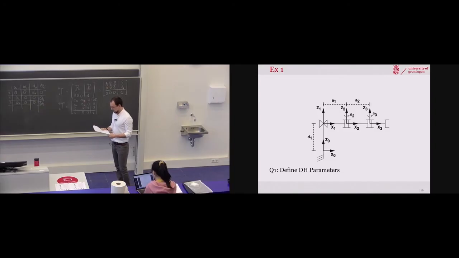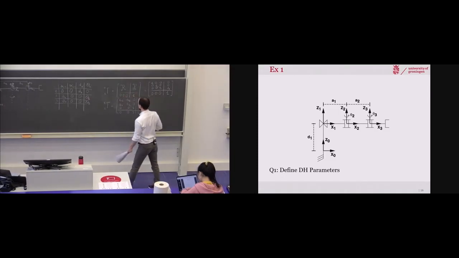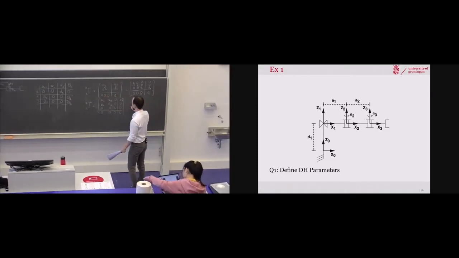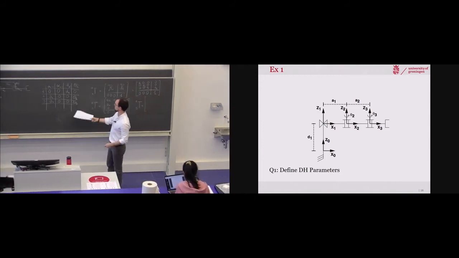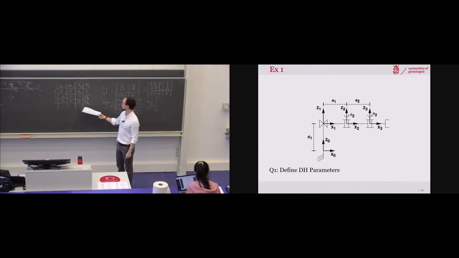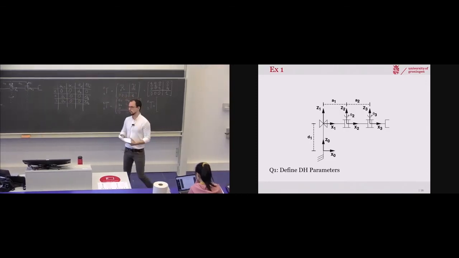Now we can do the same thing for the third joint, and I think it won't be a surprise that it looks quite similar, because also in this case we just have a rotation along the z-axis of theta 3 and a displacement, so a translation of a2 along the x-axis.